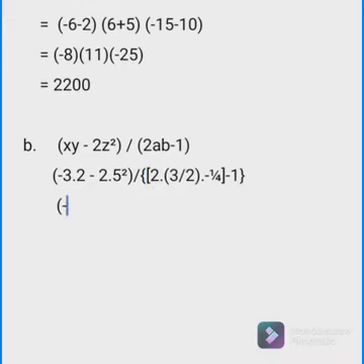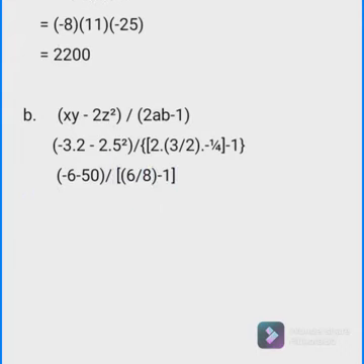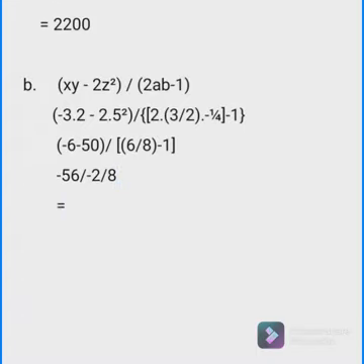When we simplify the numerator, this is what we have: -6 minus 50 divided by 6 over 8 minus 1. So that gives us -56 all over 2 minus 2 over 8.